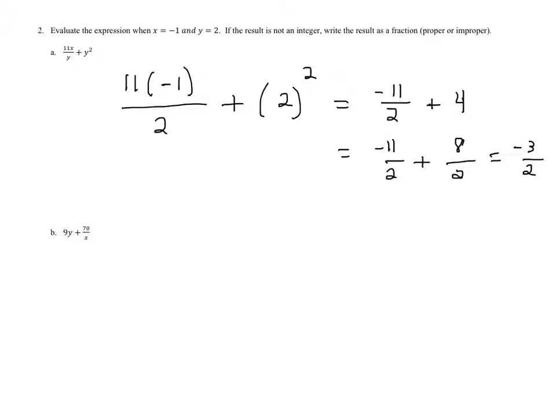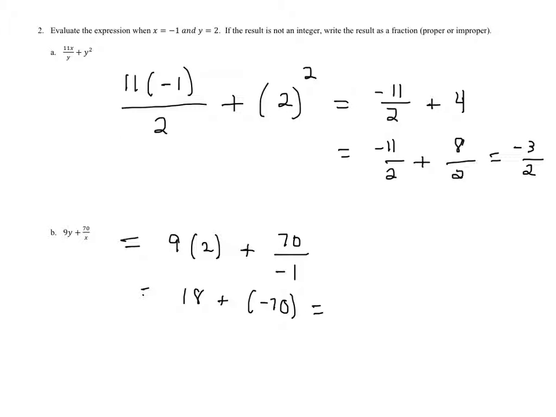Now B, same thing. Just because there's fractions in the problem, just take your time. You can do it. So here we go. It's going to be 9 times y, which is 2, plus 70 over x, which is negative 1. 9 times 2 is 18. 70 divided by negative 1 is a negative 70.